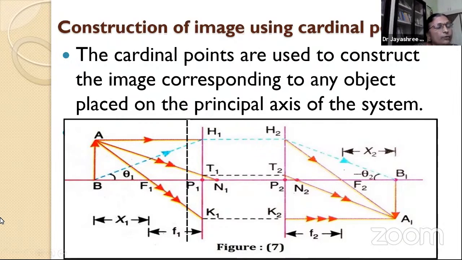So 1 upon F is equal to 1 upon F1 plus 1 upon F2 minus D upon F1 F2.